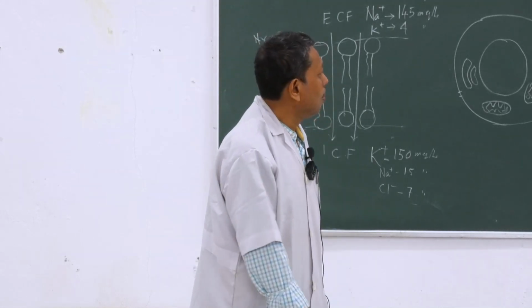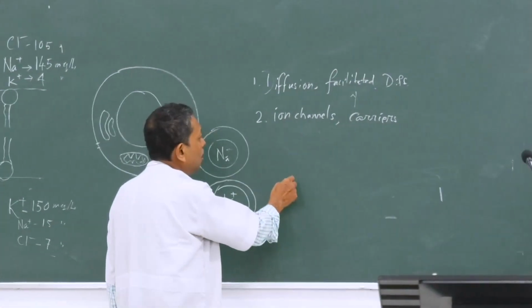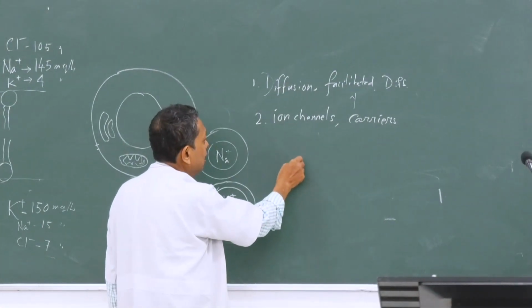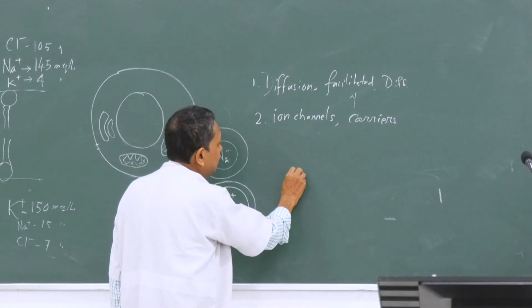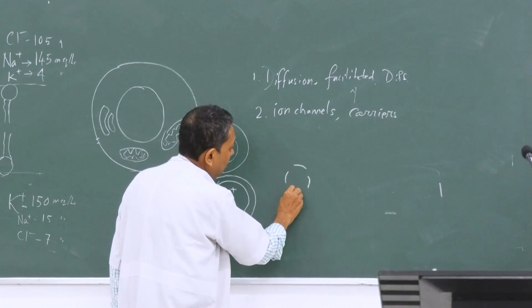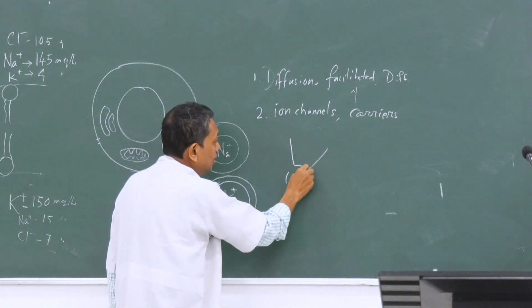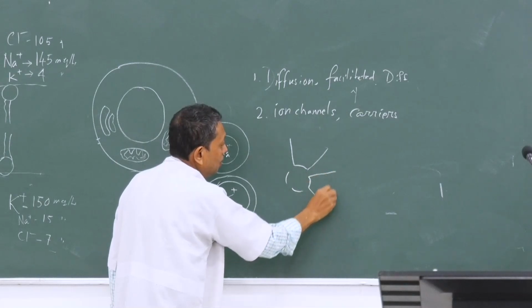Suppose in the case of the potassium channel, it consists of 4 subunits, and each subunit takes part in the formation.